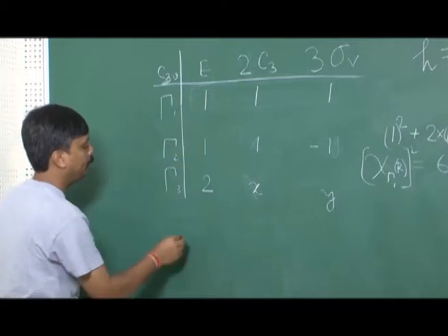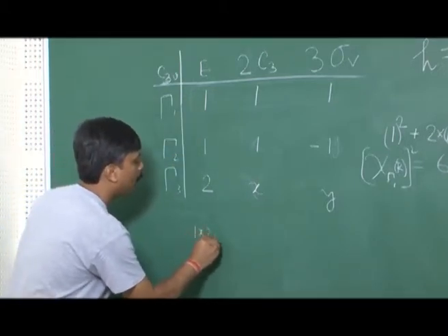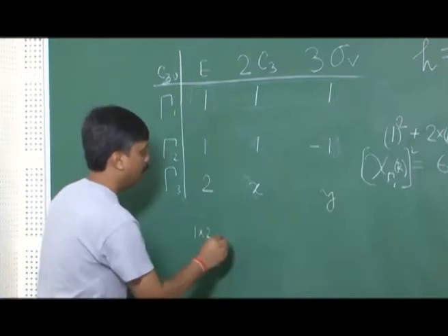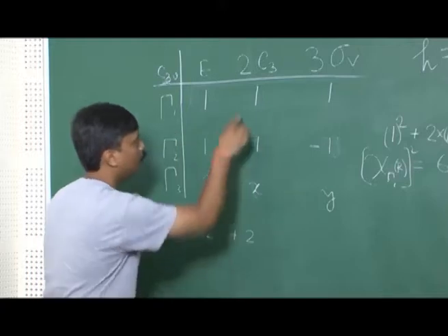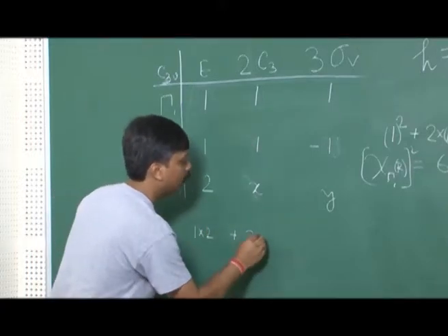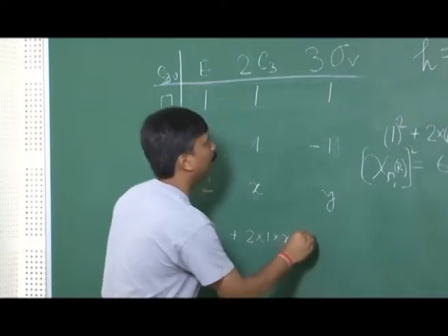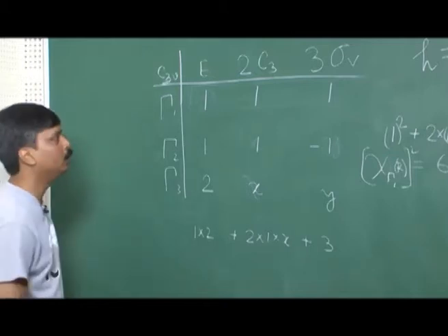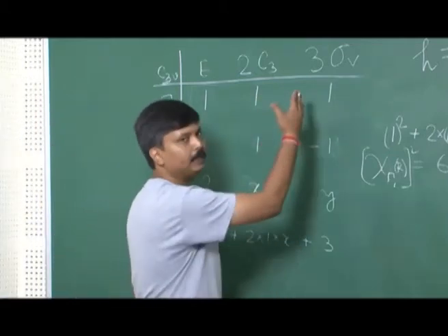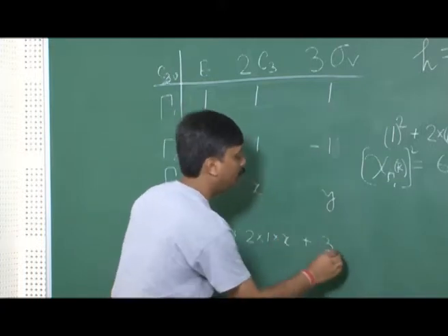So what I get: 1 into 2 plus 2 into 1 into x plus 3 into 1 into y, where this 2 and 3 are coming from the total number of elements present within a class, correct.